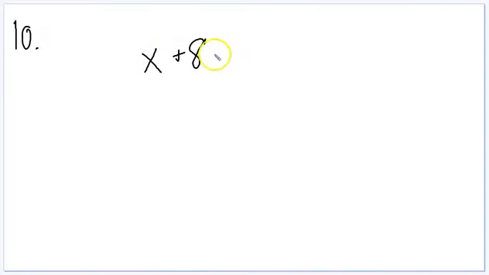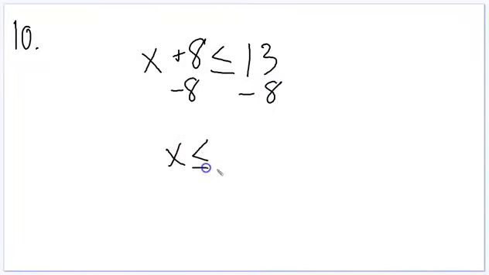And then she cannot buy more than 13, so she can buy up to 13. So X plus 8 is less than or equal to 13. I'm going to subtract 8 from both sides. And I'm going to wind up with X is less than or equal to 5.